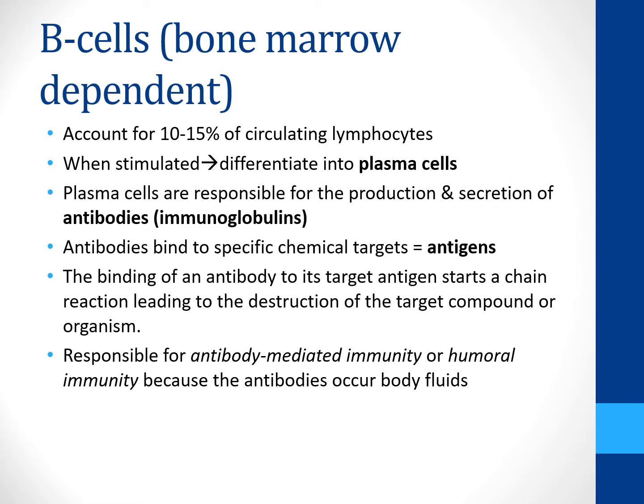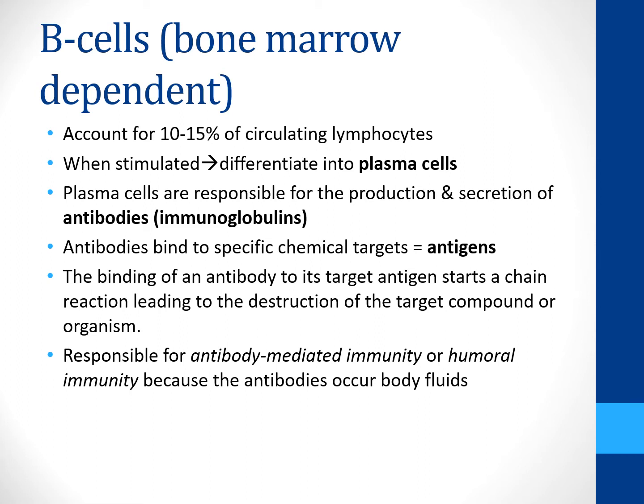Remember when we were learning about blood types, we learned about the A, B, and Rh or D antigens and how we have those on our individual red blood cells. And then if you have the A antigen, then you also have the anti-B antibody. So those antibodies are all created from plasma cells, and the plasma cells are derived from B cells.